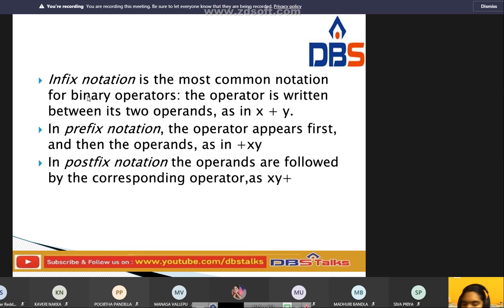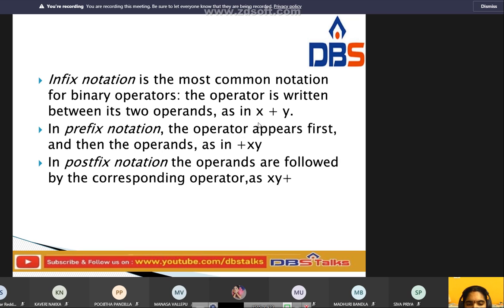In infix notation, the operator is written between two operands, as in x plus y. This is the infix notation.